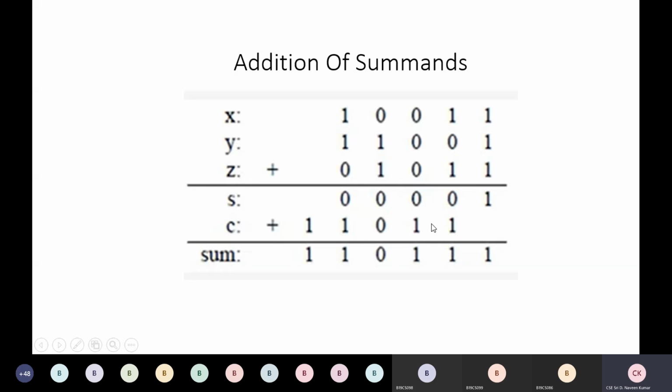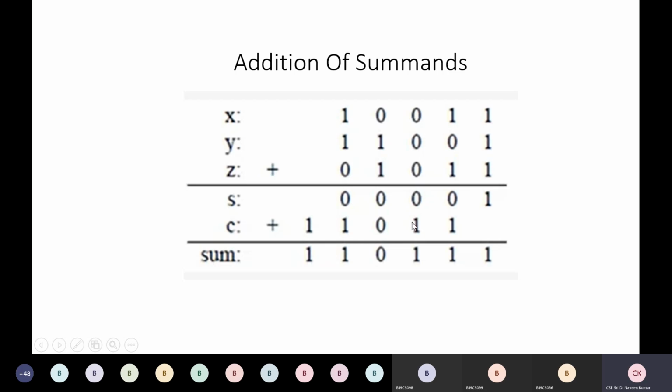So this row represents the carry bits, this S represents the sum. When we add three numbers, we get 1 1, so we keep 1 here as the sum, and the carry we place here.